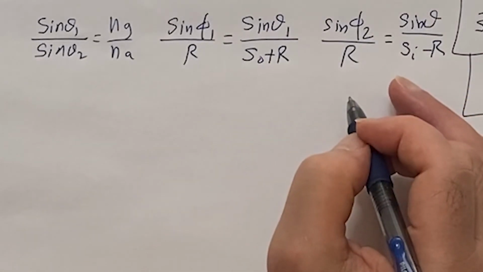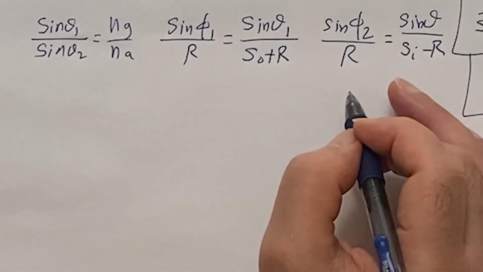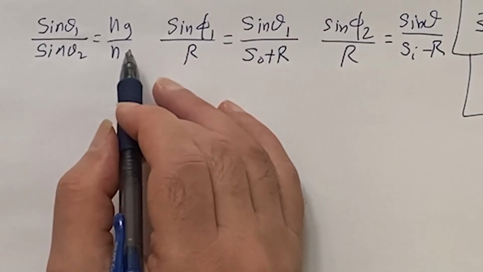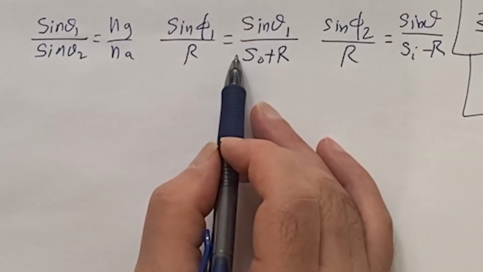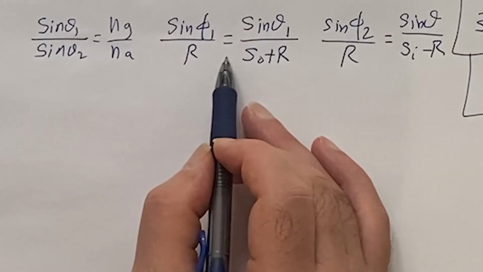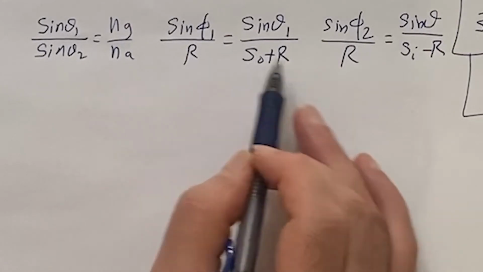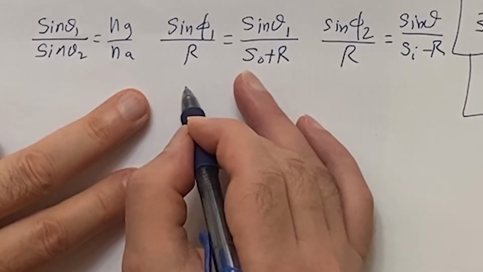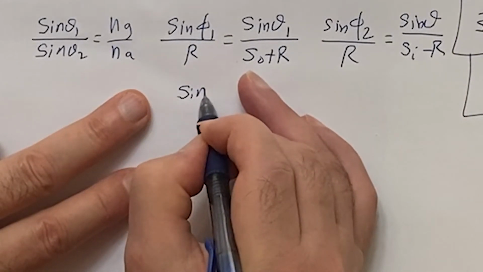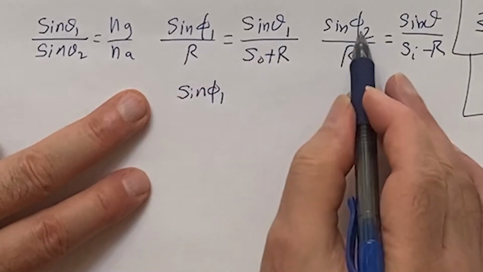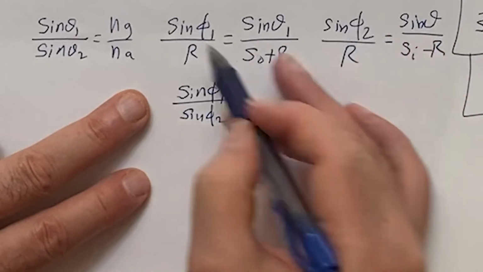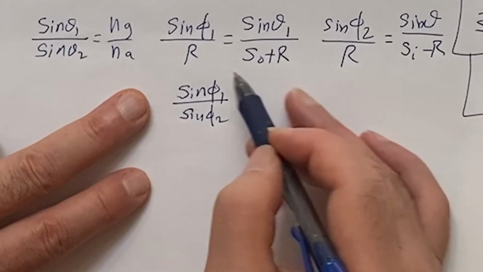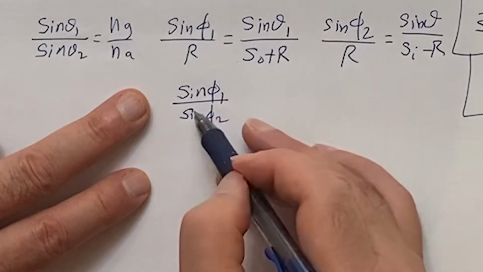So if we look at this, let's take the middle equation and divide the middle equation by the third equation. That would mean the sine of phi 1 is over the sine of phi 2. I'm dividing this into the left-hand side, so the r's cancel to get phi 1 on top, phi 2 on the bottom.